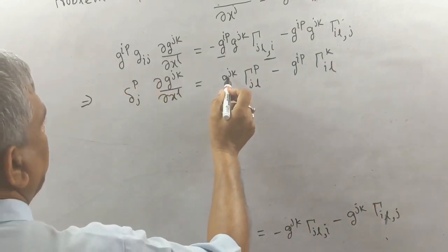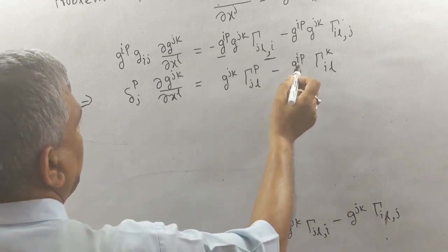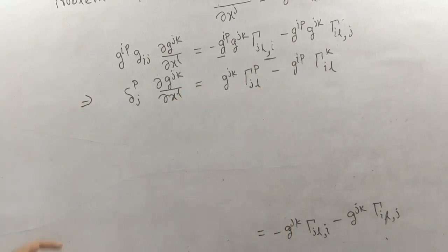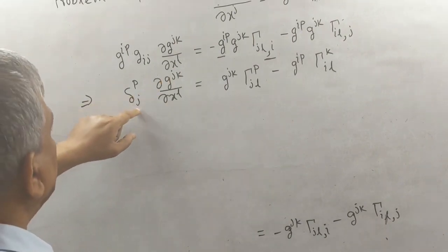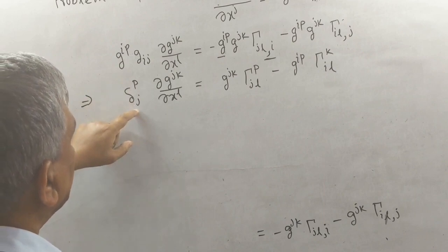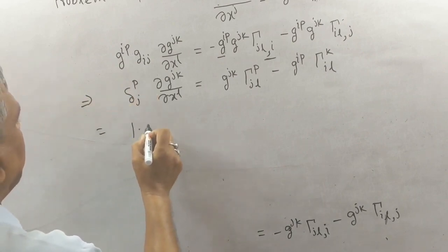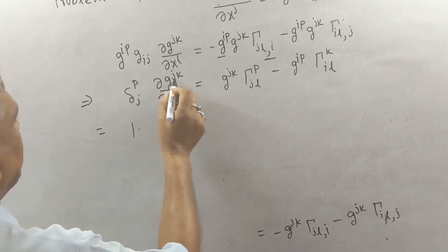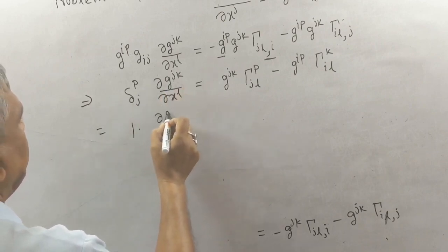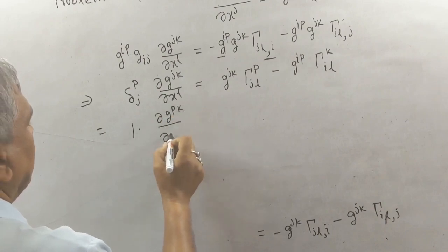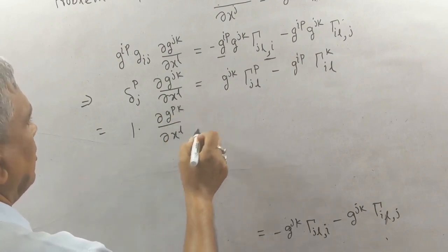Here j, j, i, i, these are dummy suffixes. So if j equal to p, then 1, otherwise 0. So we may write this is 1 into, in place of j we write p, del g_pk by del xl.